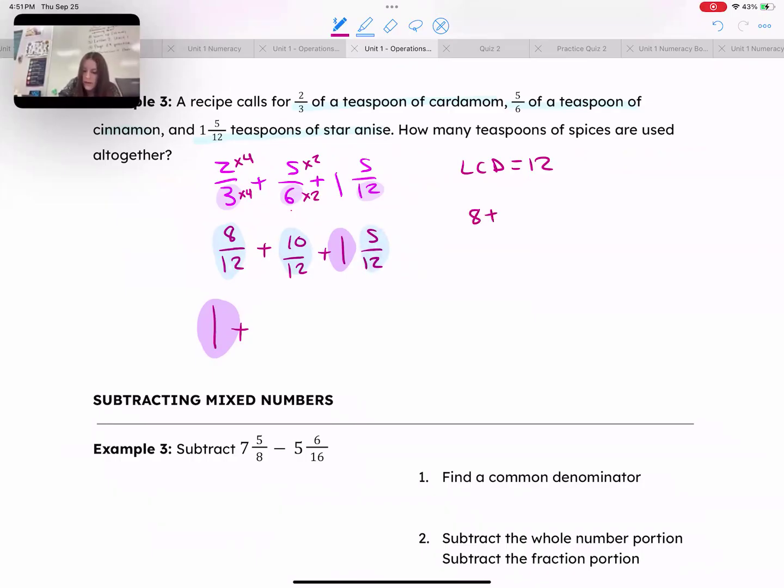So 8 plus 10 plus 5 is going to be equal to 23 over 12. And then I want to convert it to a mixed number, which is going to be if I take out one group of 12 and then I have 11 over 12. This is going to be my full answer.